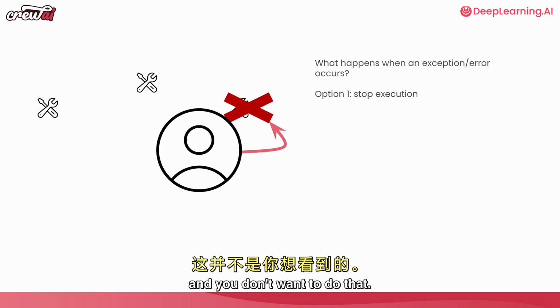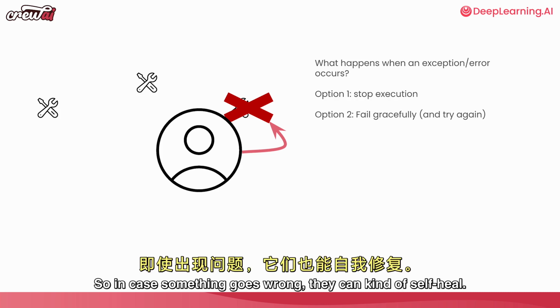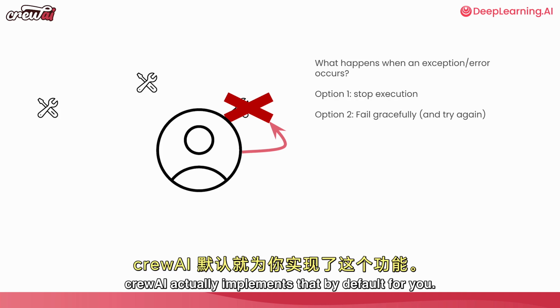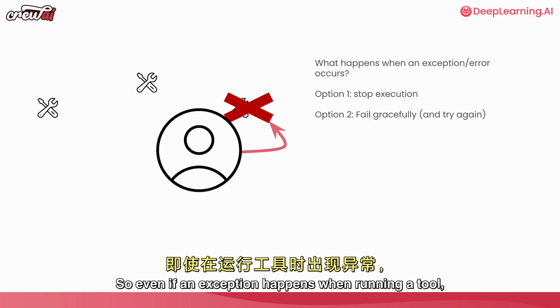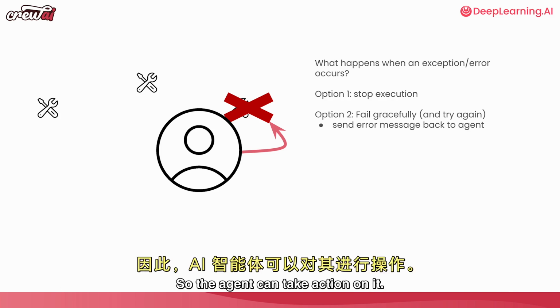And you don't want to do that. So you want to make sure that your tools can fail gracefully. In case something goes wrong, they can kind of self-heal. crewAI actually implements that by default for you. So even if an exception happens when running a tool, instead of stopping the execution, it sends that message back to the agent, so the agent can take action on that.